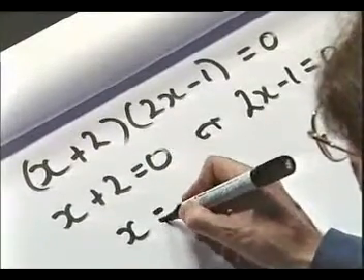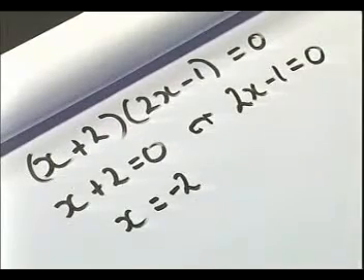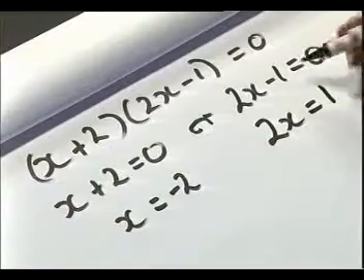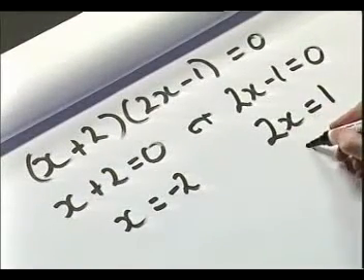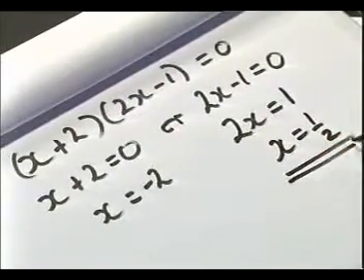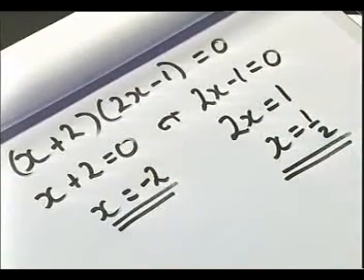This tells us that x is minus 2 by taking 2 away from both sides. And this tells us that 2x is equal to 1 by adding 1 to each side. And now we divide both sides by 2, so we have x equals a half. So we've ended up with our two answers for this quadratic equation.